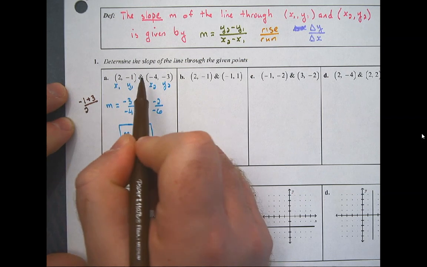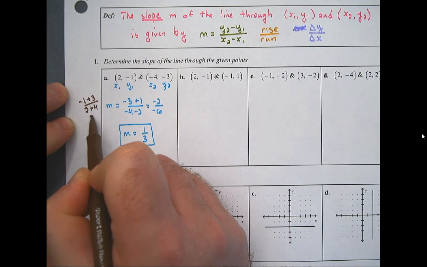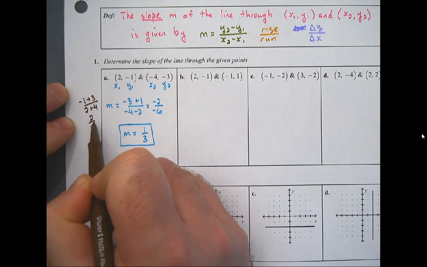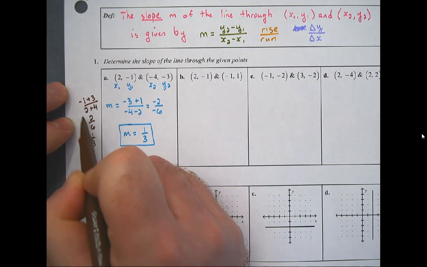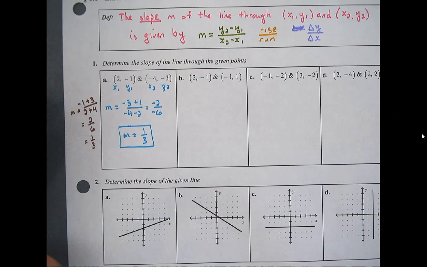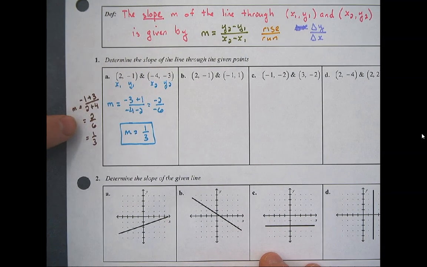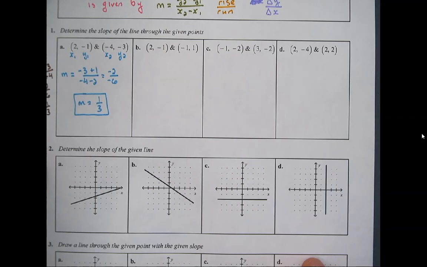That would be 2 minus negative 4, so that'd be 2 plus 4. So I would get 2 over 6, and then 2 over 6 reduces to 1 over 3. So we get the same result. It doesn't matter which way you go. You just are going to get answers that are opposite if you go a different way than I go. But at the end, when you clean it up, the results will always be the same.